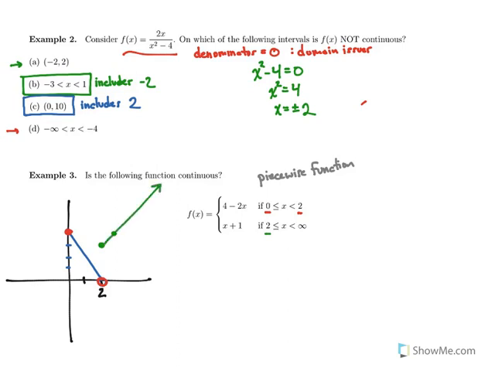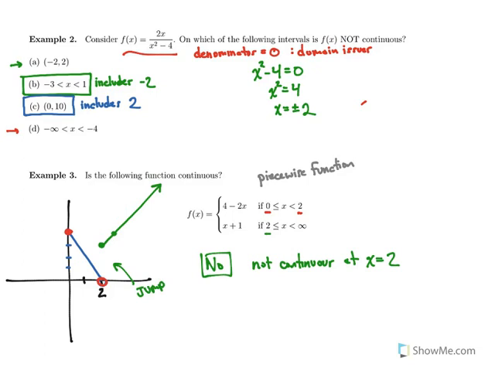We're going to go off in that direction. So the question is, is this function continuous? And the answer is no, because it is not continuous at x equals 2. There is a jump discontinuity at that point.